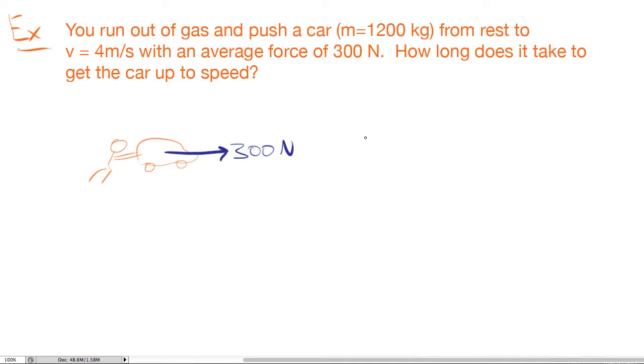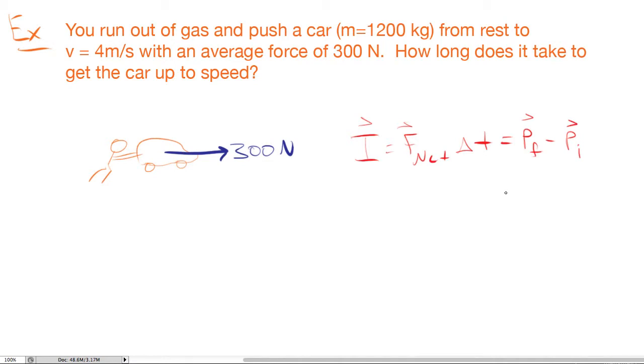So remember the impulse, we just defined it. It's equal to the net force acting on an object times some time, and that's what we're after, delta t here. We know the net force, so in order to figure out delta t, we need to know the impulse. Luckily, we have the impulse-momentum theorem that says the impulse is equal to the change in momentum.